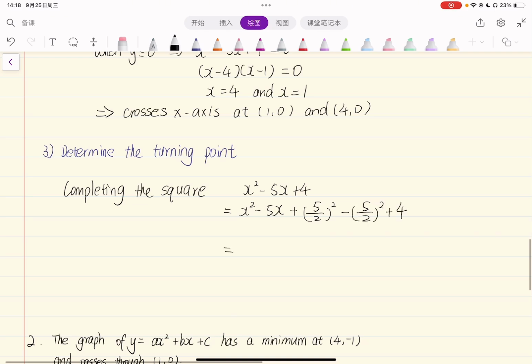And we have x minus 5 over 2 squared minus 25 over 4 plus 4, which equals x minus 5 over 2 squared minus 9 over 4.